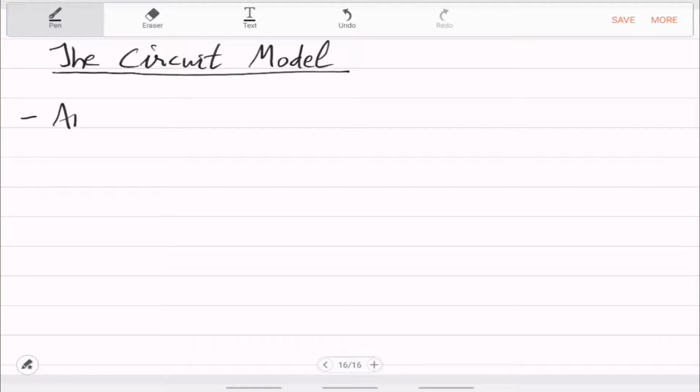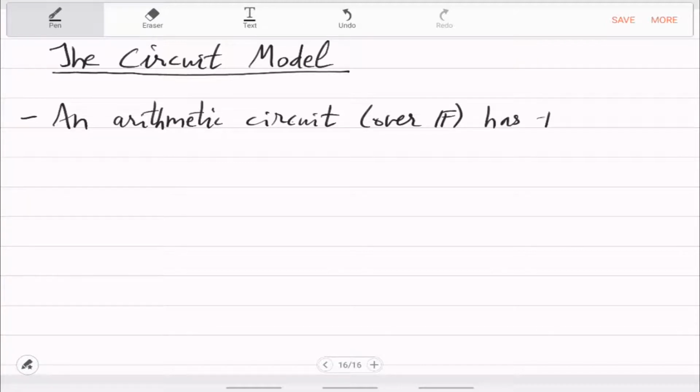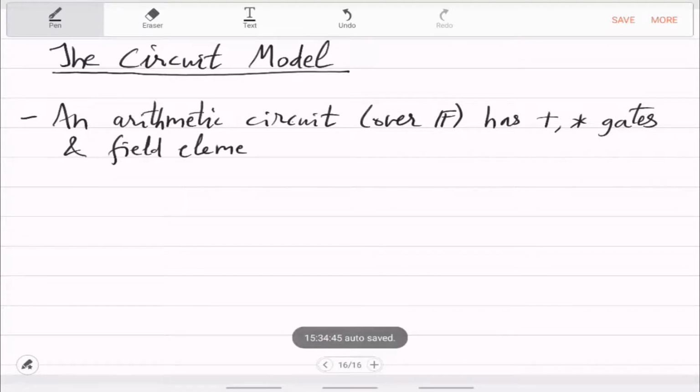Okay, so we have already discussed the definition of arithmetic circuit. So an arithmetic circuit over a field has addition, multiplication gates and field elements.